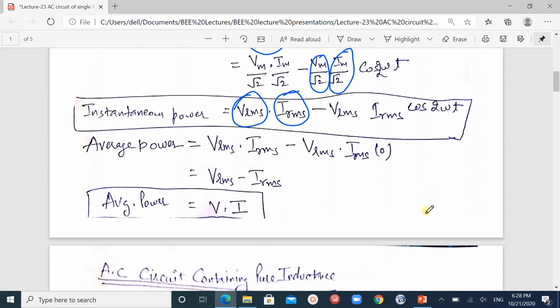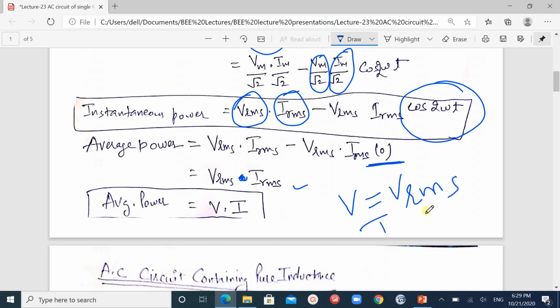So this cos 2 omega t becomes 0. So we put it here 0. The average power will become Vrms into Irms. Average power can be written as V into I. Capital V is Vrms and capital I is equal to Irms.